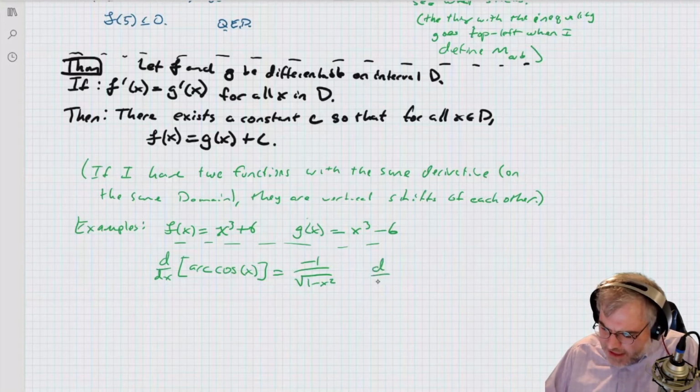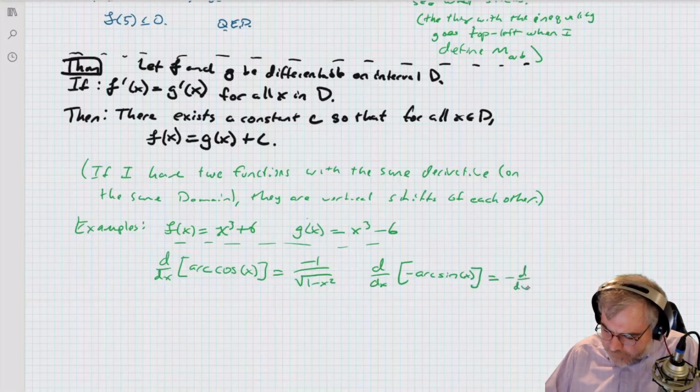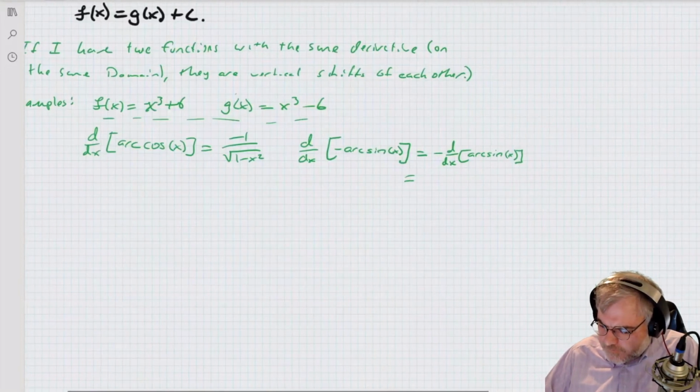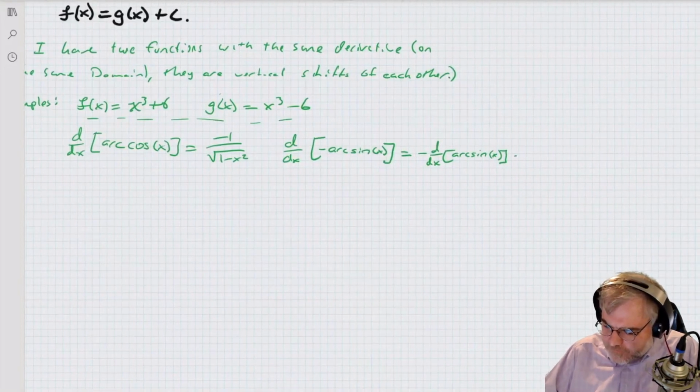And then d over dx of, well, what's the derivative of negative arc sine? They're the exact same thing, aren't they?